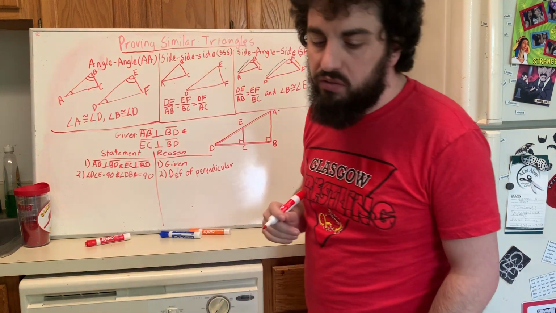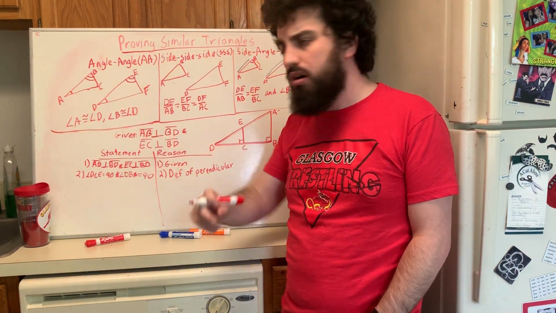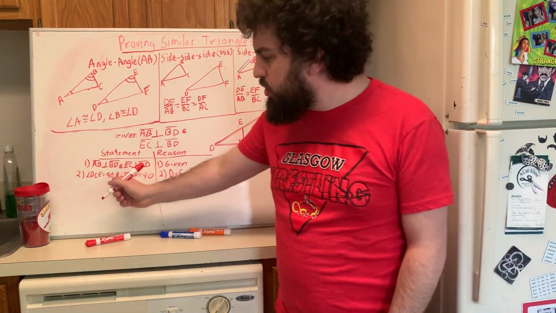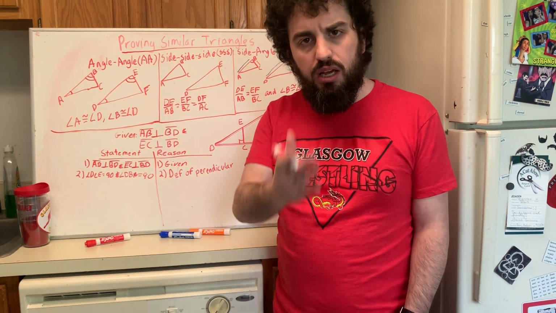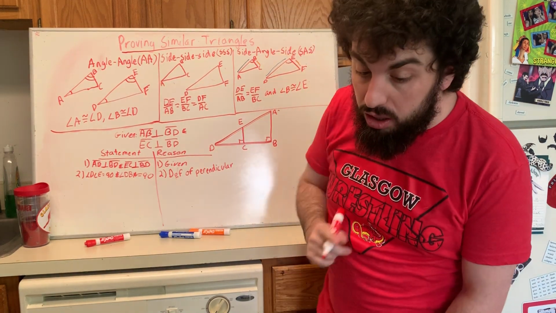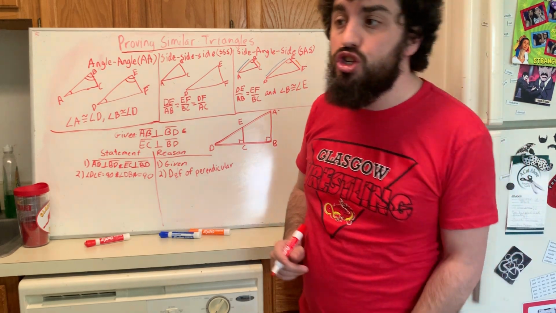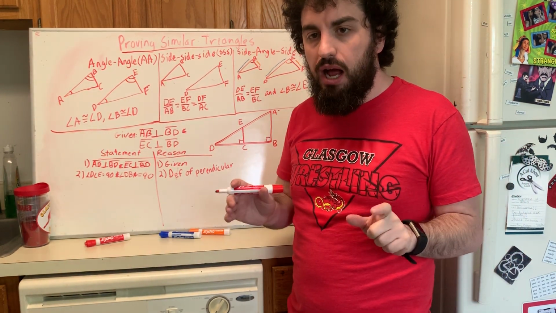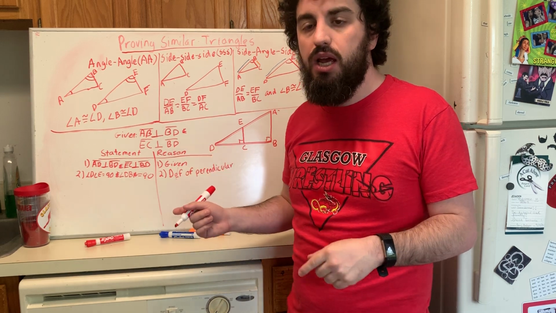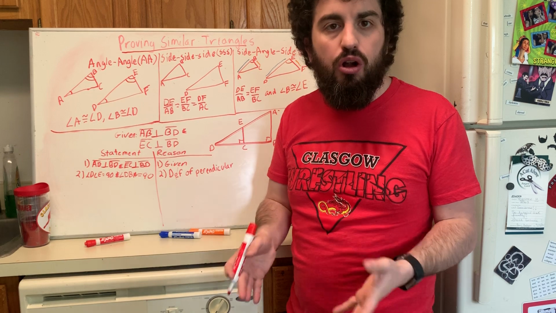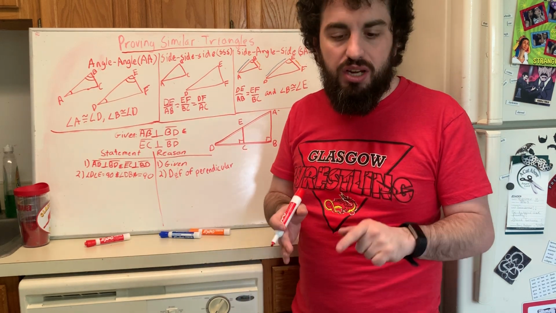So by the very definition of them being perpendicular, that means they're 90 degrees. Well, if two things are both equal to 90, it stands to reason that those things are equal to each other. And that there is called the transitive property. So if two different objects are equal to the same thing, we are allowed to say they are equal to each other through the transitive property.